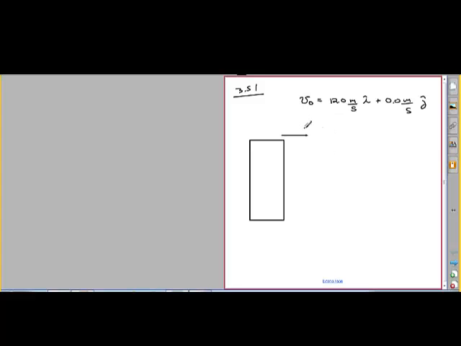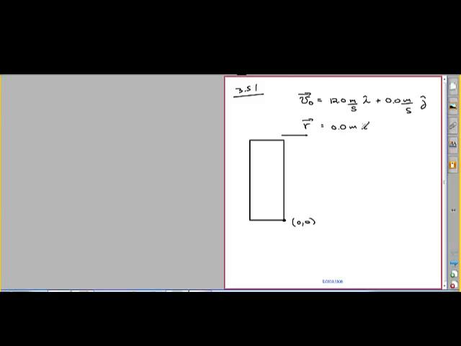The initial position vector is equal, what we're going to do is you have to define where 0 is. So I'm going to define 0 here at the base of the building. So the initial x displacement is 0.